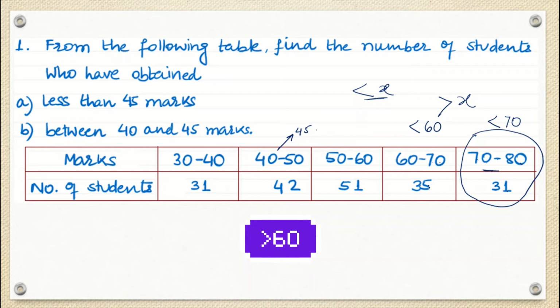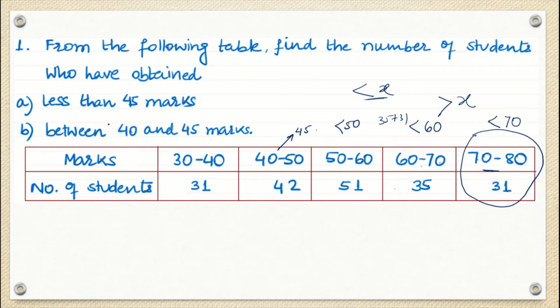So 35 plus 31 students got marks more than 60. Similarly, how many students scored more than 50? So 51 plus 35 plus 31. This way we will rewrite the table, and then we will start solving the question.